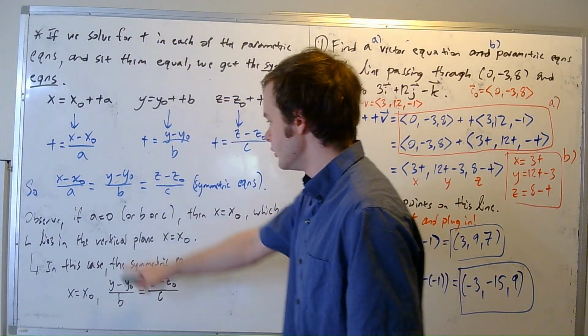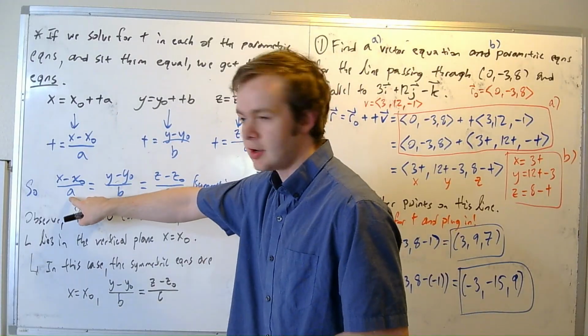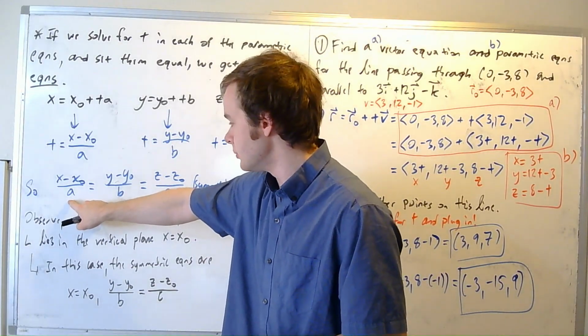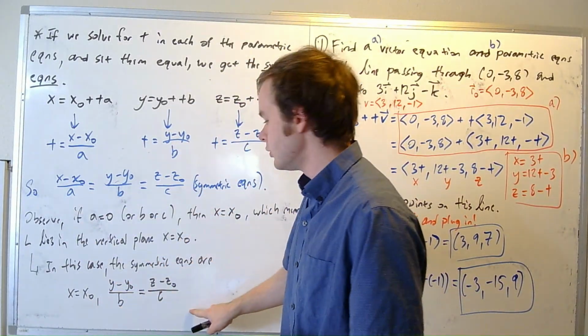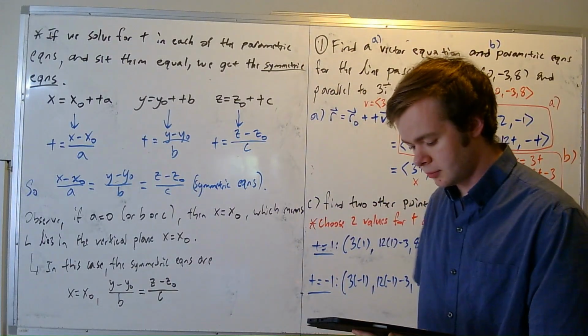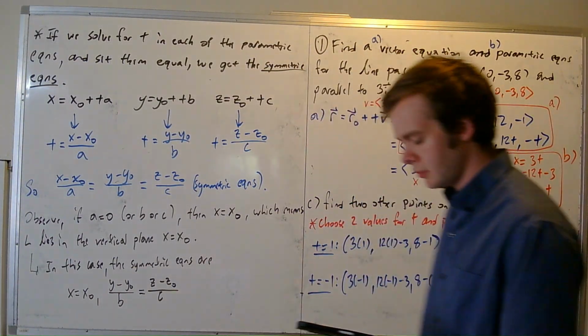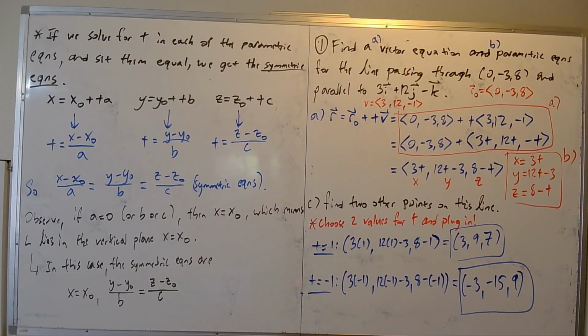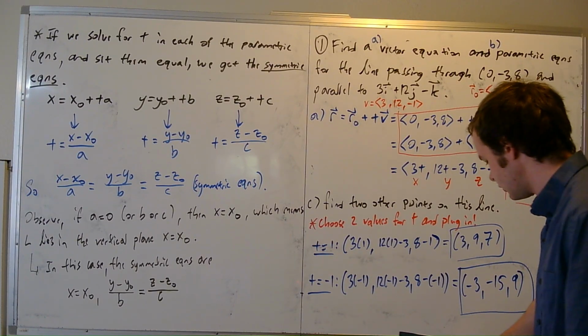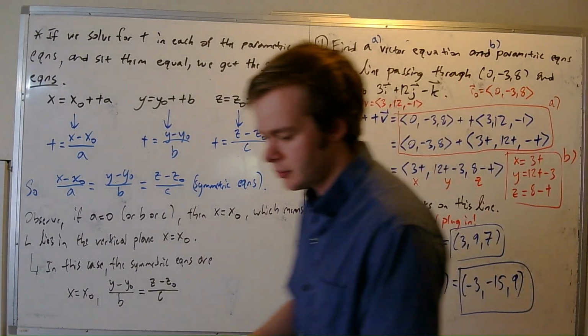So remember, we couldn't say this because a is actually equal to 0 and it doesn't make sense to divide by 0. So instead, we say this. And those would be the symmetric equations there. Okay, so let's actually go ahead and find these symmetric equations in an example.